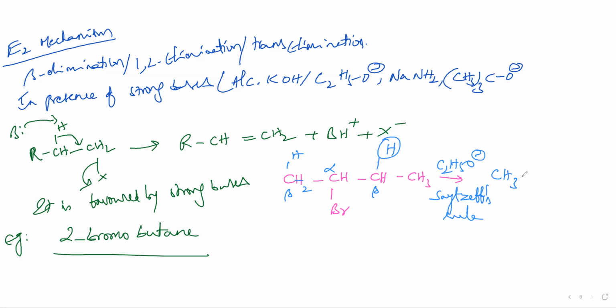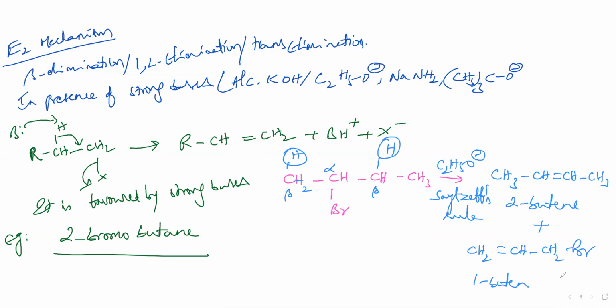What you are getting is CH3-CH=CH-CH3, 2-butene. If this other hydrogen is eliminated, then you will get CH2=CH-CH2-CH3, 1-butene.